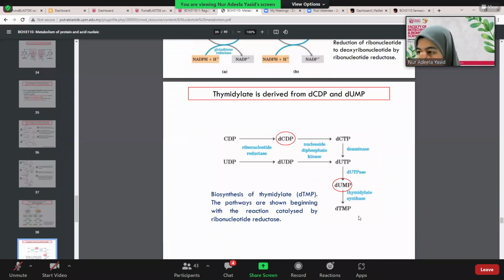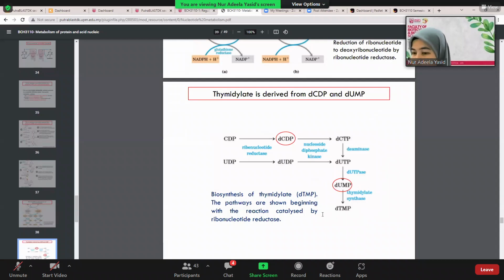Kalau next reaction ada lagi, DTMP ni dia akan terus convert to DTTP, deoxythymidine triphosphate, by phosphorylation reaction. If you look at this reaction, DUTP needs to undergo dephosphorylation.